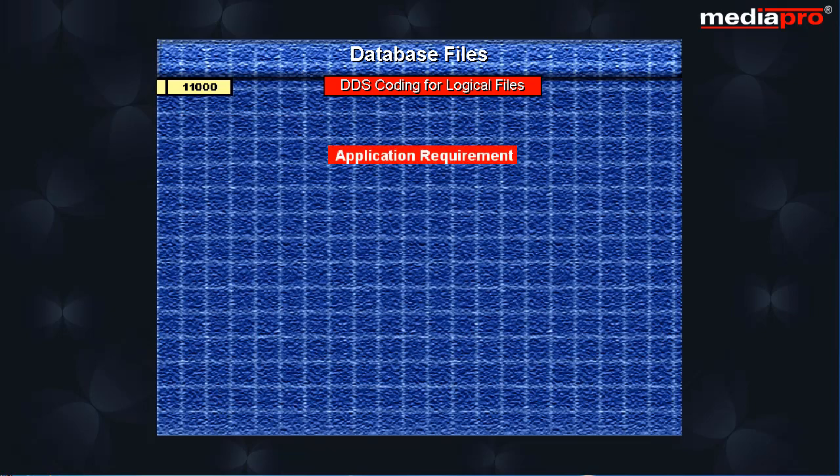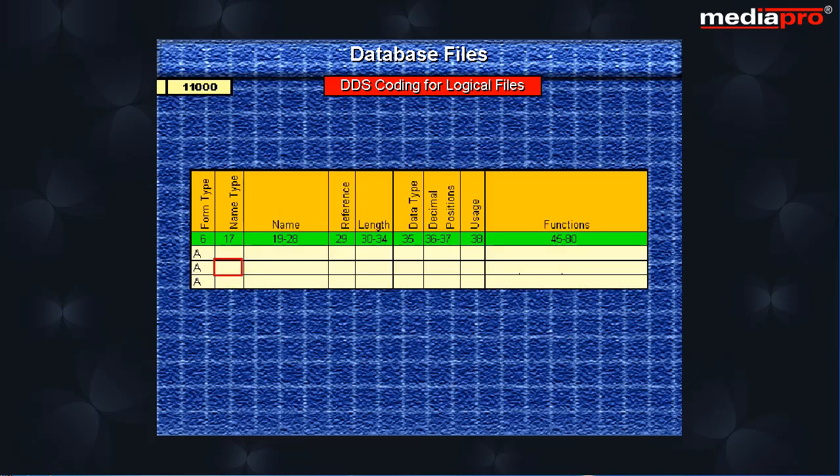Now, suppose an application requires all the fields from the physical file but sequenced on the customer ID field, then we code it like this. Here we use the same record format name as in the physical file, and as before we specify the PFILE keyword along with the name of the physical file.